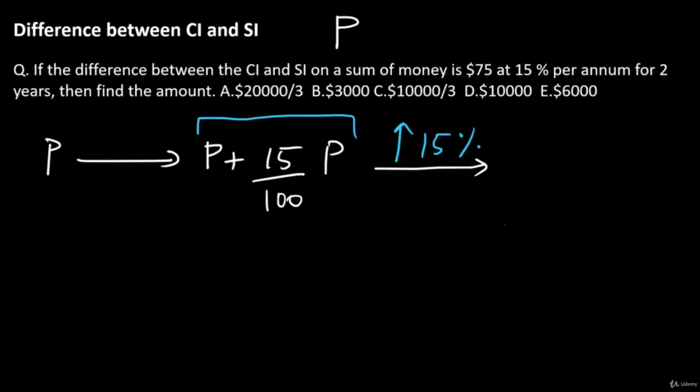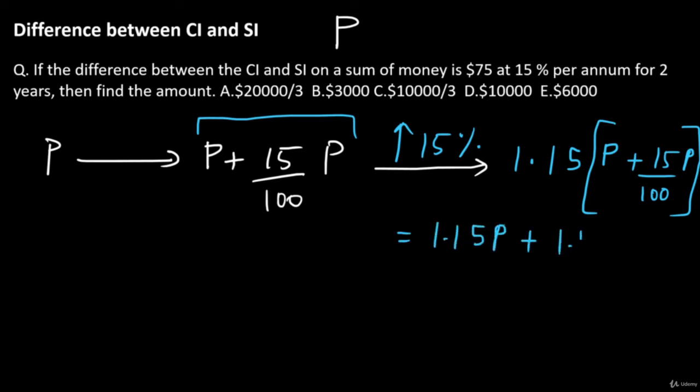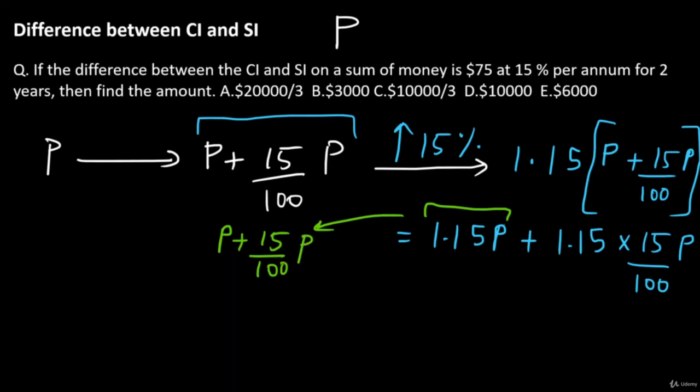So that will become 1.15 into P plus 15 by 100 into P, right? So let's simplify this. This is 1.15 P plus 1.15 into 15 by 100 into P by opening the bracket. All right. Remember, 1.15 P is nothing but P plus 15 by 100 into P, which is what we have over here. All right. So this is what happens when you apply compound interest.